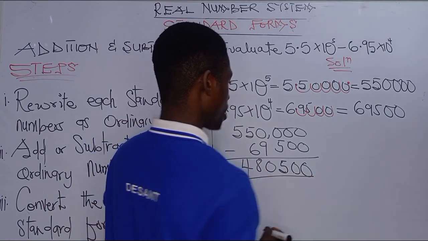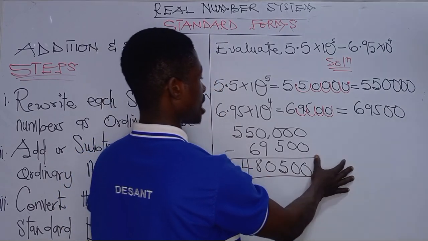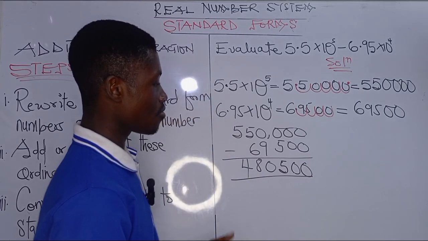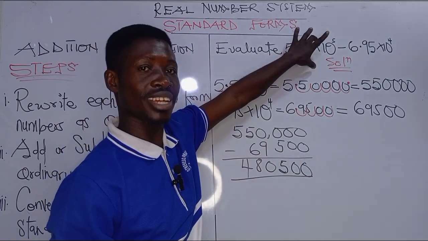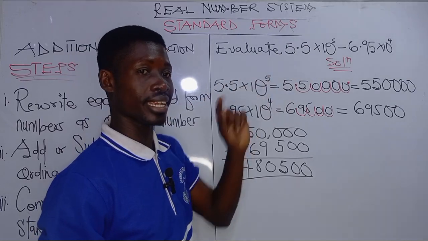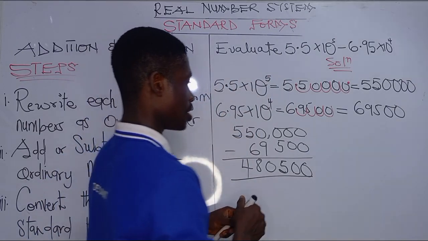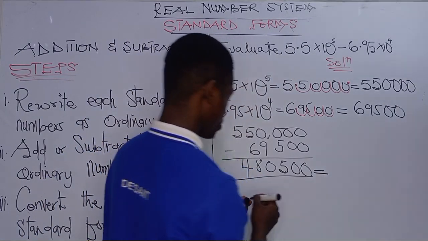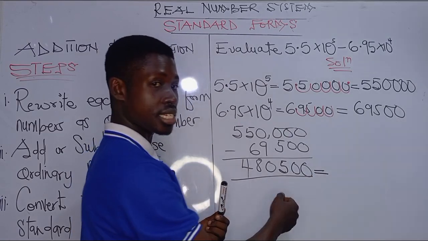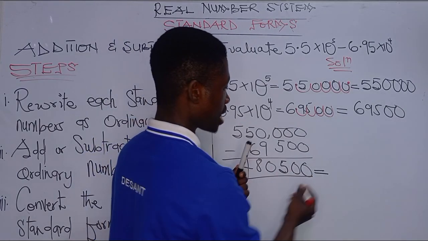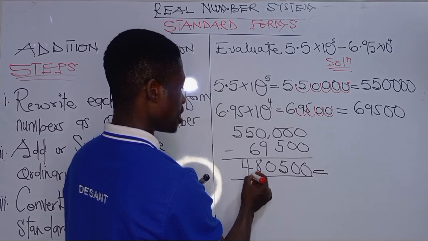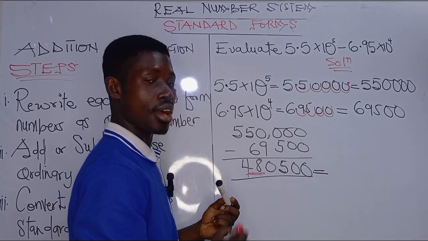4. Then the last thing that we are going to do is convert this back to standard form because the question was given in standard form. Now you know that the decimal point is here, we are going to move it so that it will be in between the first two natural numbers.